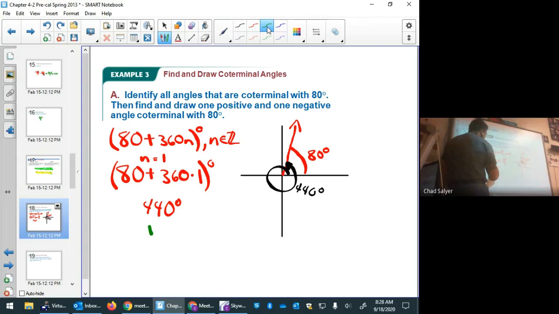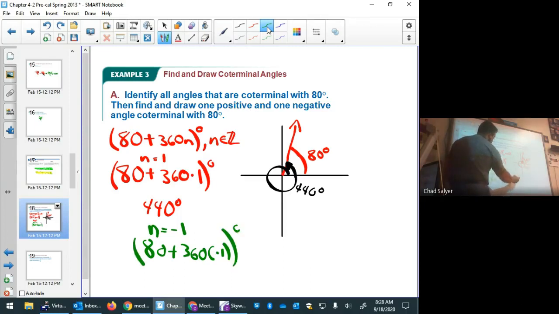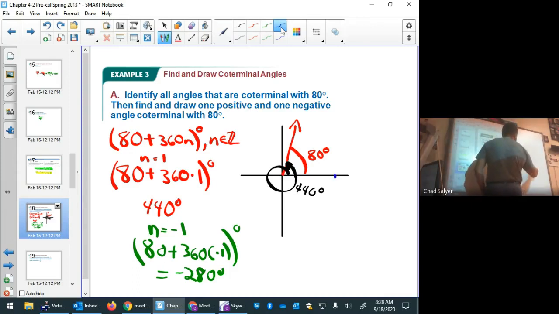So let's let n equal negative 1. So that's going to be 80 plus 360 times negative 1 degrees, which is negative 280 degrees. And that's going to look like this.